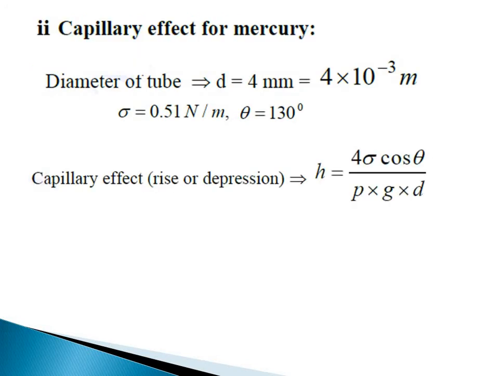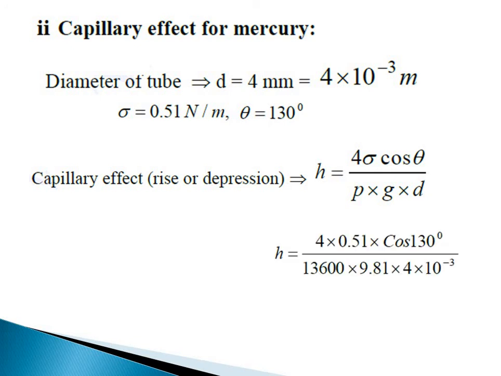Now we know that H is equals to 4 times sigma cos theta divided by rho g D. So we have to calculate with sigma for mercury, which is given as 0.51 Newton per meter. Theta is nothing but 130 degree, so cos of 130 degree divided by rho, 13.6 into 1000, that is 13.6 into 10 to the power 3, into g 9.81, and D is given as 4 into 10 to the power minus 3.